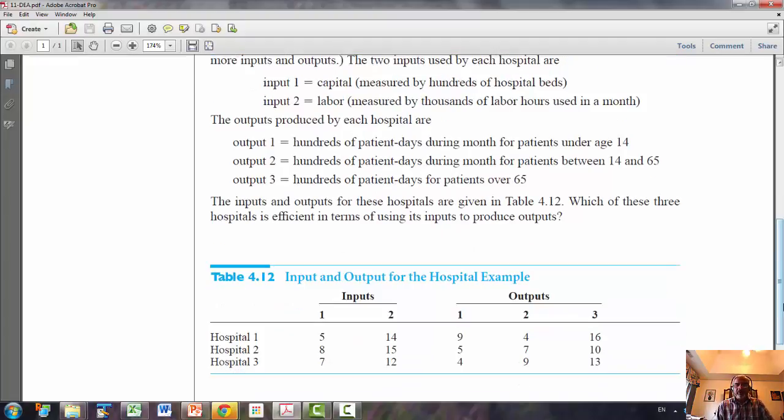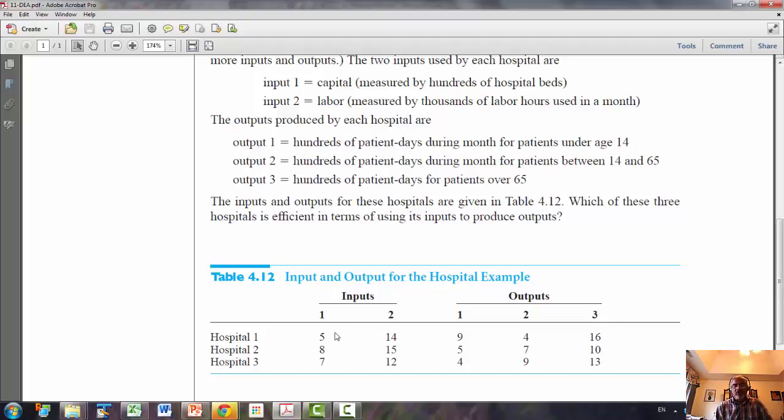So to keep the example simple, we are considering only 2 inputs, and how much of these inputs are used in the different hospitals we are considering. So maybe we own all the 3 hospitals and then we are analyzing the efficiency of all the hospitals. Or we could be one of the hospitals and we are considering ourselves against the others in the industry.